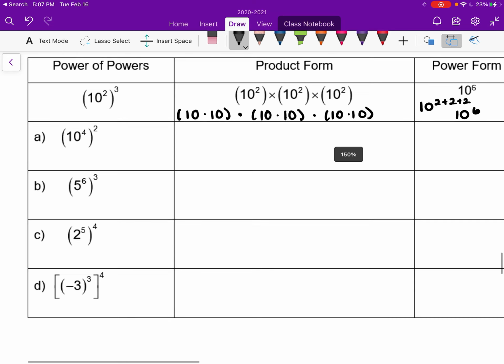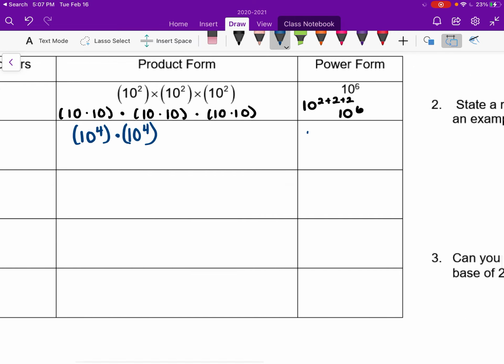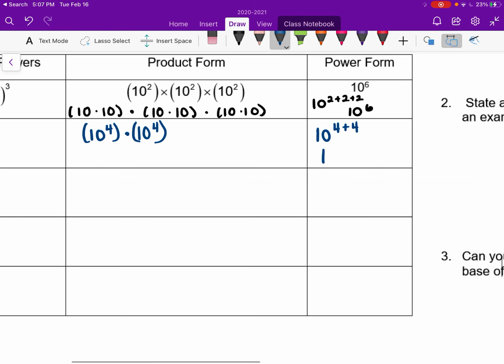Right? So let's try to do this for our next one. So I have 10 to the power of 4 times 10 to the power of 4. Now I know they're both multiplying by each other, so I know I can just leave the base as 10 and then add the exponents together. So I have 4 plus 4. Then I have 10. 4 plus 4 is going to give me 8.